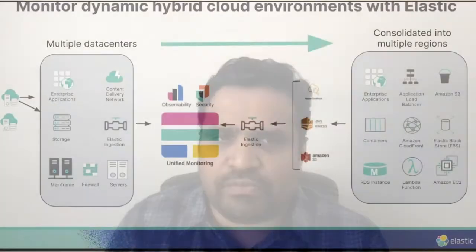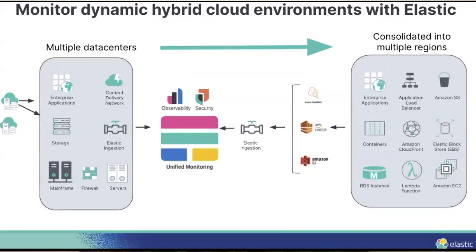If you go to this pictorial view, it shows monitoring a dynamic hybrid cloud environment with Elastic Cloud. Elastic has ready-to-use integrations across on-premise and cloud services. This brings together all the hybrid observability data for unified analysis, visualization, and data-driven decisions. With this, we ensure that you can have holistic coverage throughout the migration.